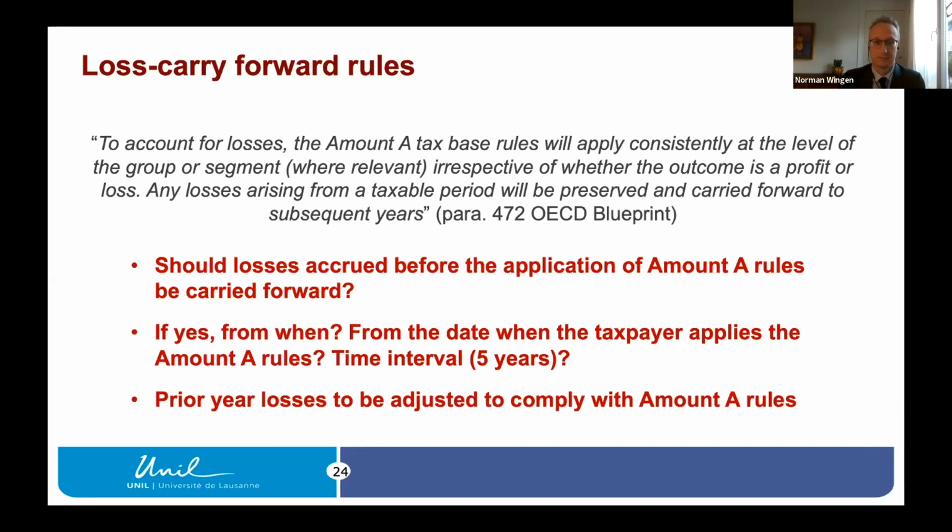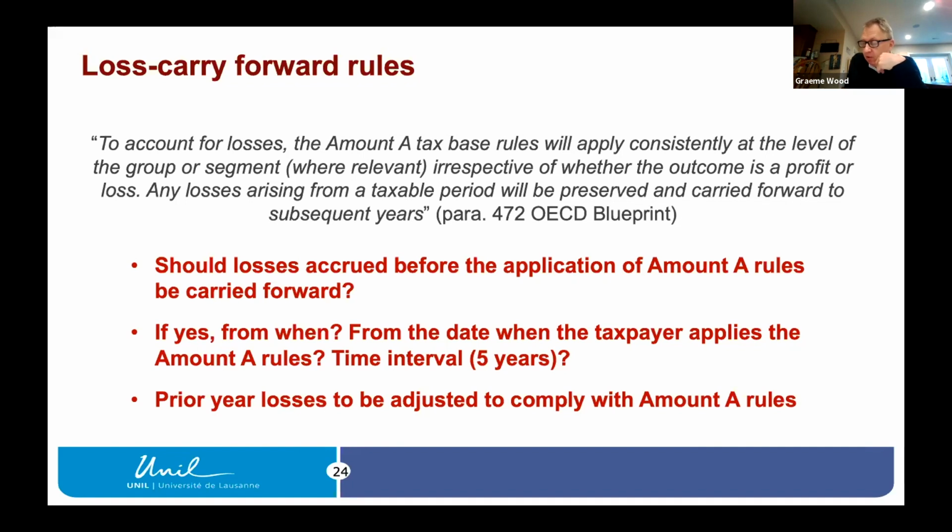Okay. So I think, Guglielmo, we can go to Graham, perhaps. Yes. Okay. So thank you. So first of all, I should probably say that I don't think it's our fact pattern. So I'm not speaking from a company perspective, but it does seem to me that there is a strong rationale as to why pre-regime losses need to be taken into account, but it needs to be practical.